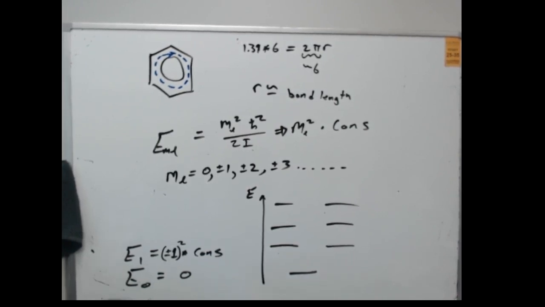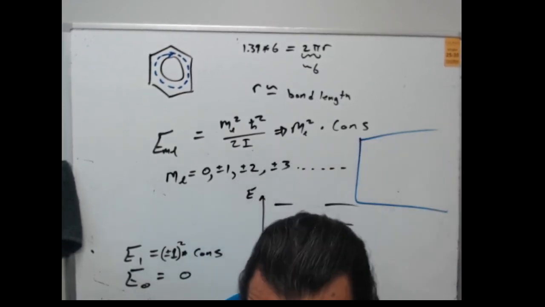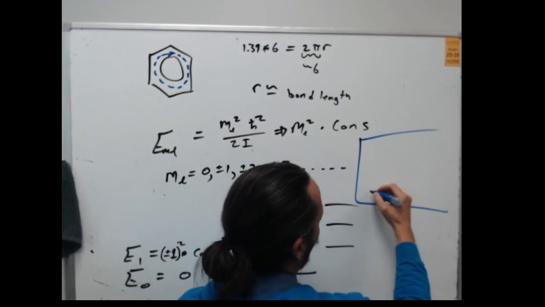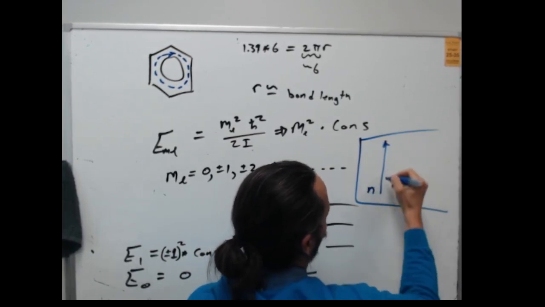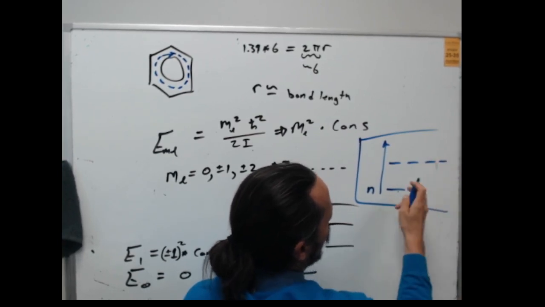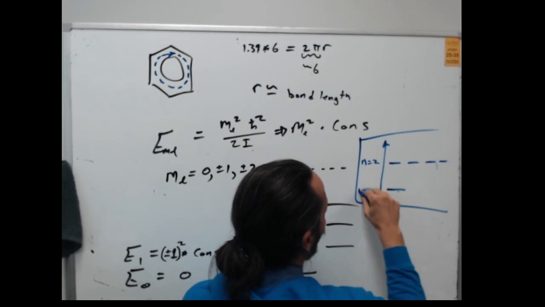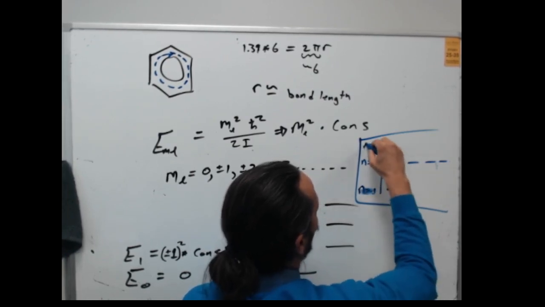We end up with situations when we were calculating the hydrogen atom energies, only the N value, so this is not related to the quiz, this is just the idea of degeneracy, so I'll do a little aside over here. When we were calculating our N values, N equals 1, N equals 2, right?